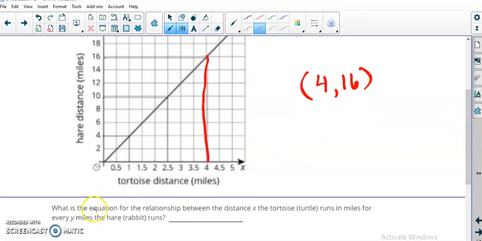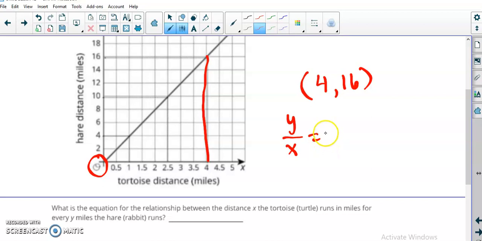So what is the equation for the relationship between the distance x the tortoise runs in miles for every y miles the hare or the rabbit runs? Well, again, in this relationship, we know that slope comes from y over x. And this is a proportional relationship because it's starting at 0 and because we're comparing the tortoise to the hare.